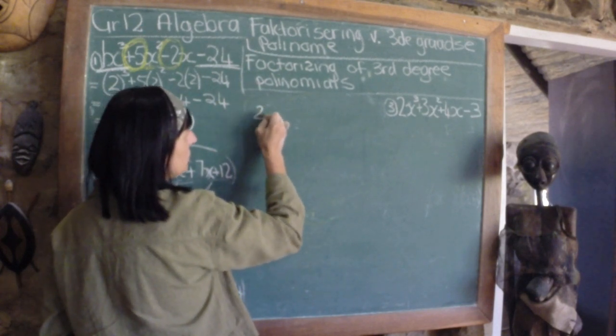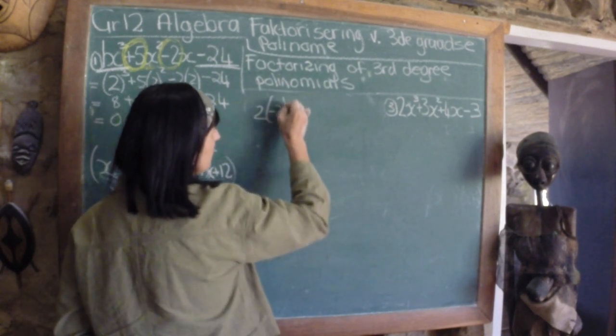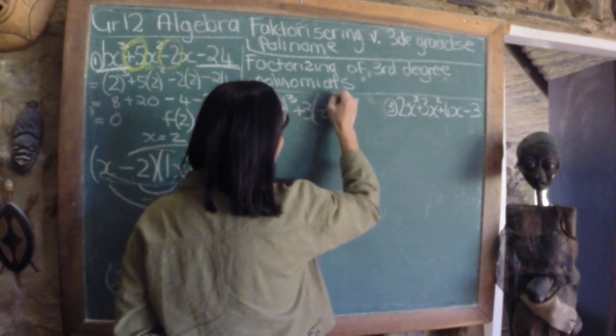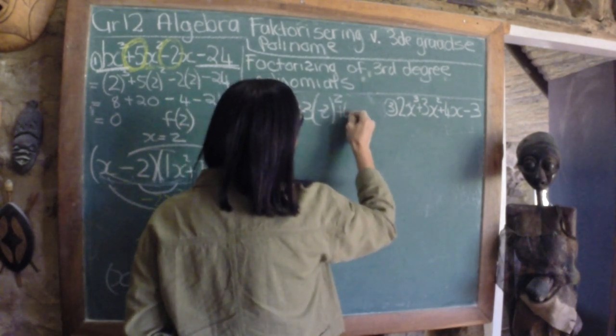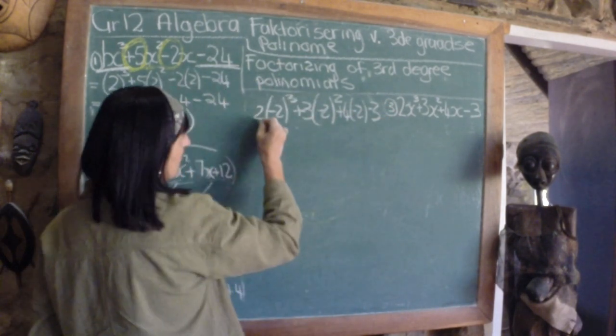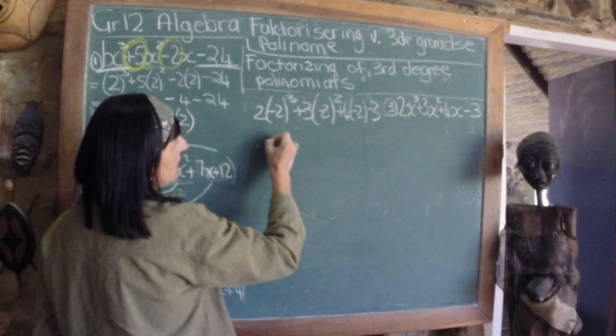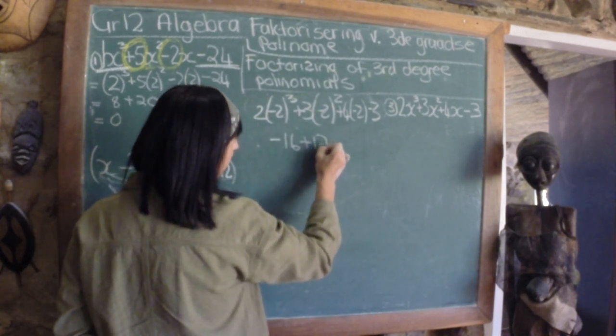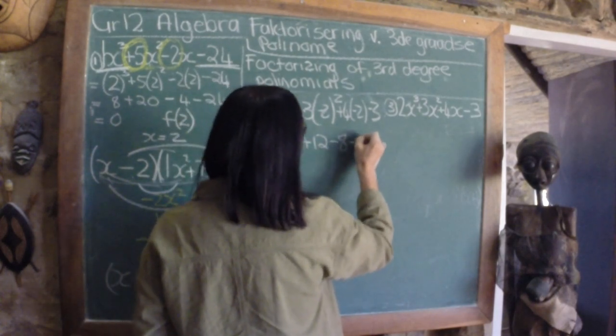So we've got 2 minus 2 plus 3 minus 2 plus 4 minus 2 minus 3. So ons het 2 maal minus 8 is minus 16 en dan het ons plus 12 minus 8 en minus 3.